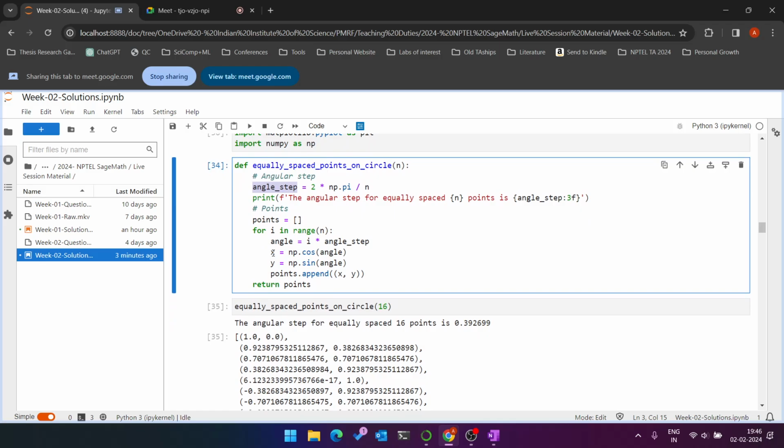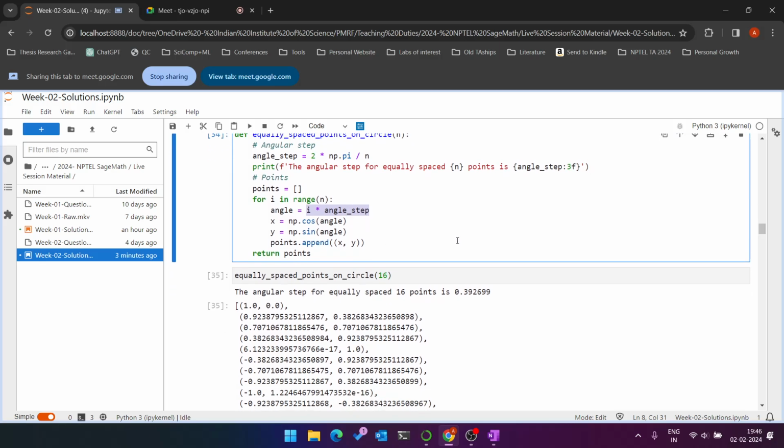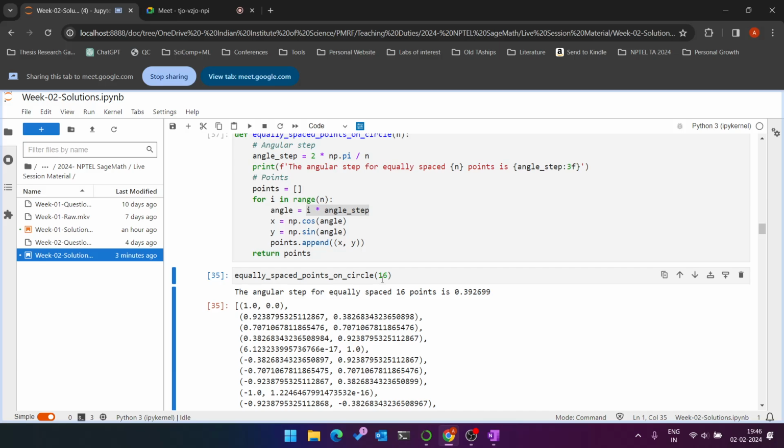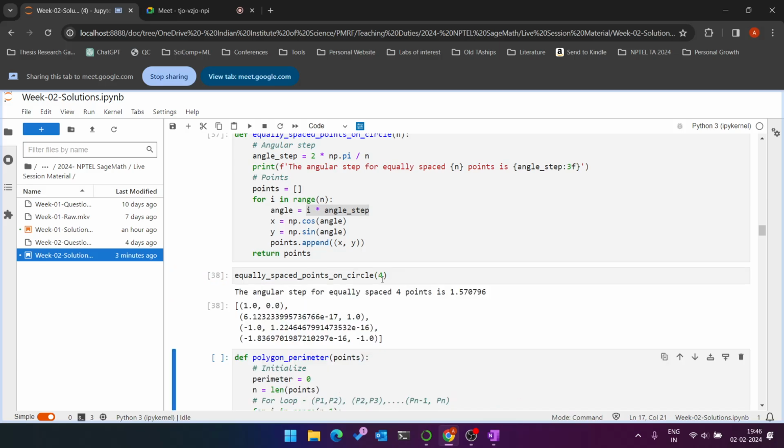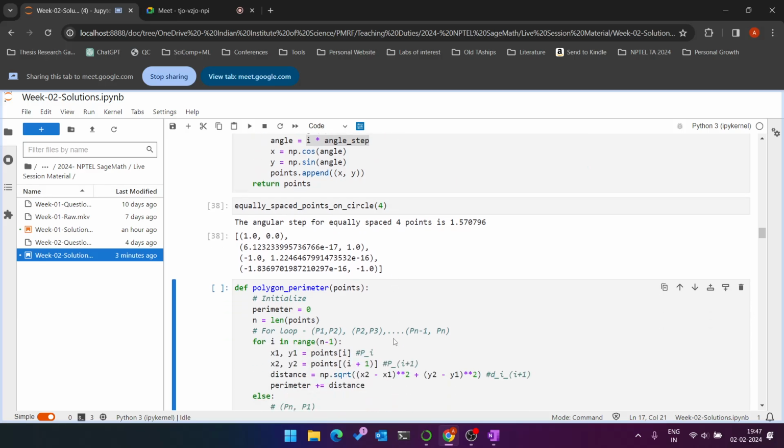My points x and y coordinate being cos of angle and sine of angle, with angle being i times step of angle, i times delta theta. If we only have 4 points, we expect them to be on the 4 axes, like positive x-axis, positive y-axis, negative x-axis, and negative y-axis.